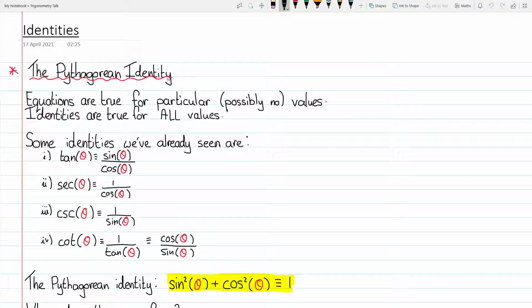I ended that video with what we could do in terms of generalizing the trig functions to the unit circle. And then the video previous to this one, we looked at graphing. So we looked at what the sine function looks like, the cosine function, the tangent. In fact, we introduced a variety of different trig functions.